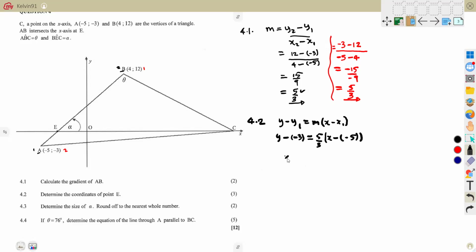So for us to get the x-intercept, we are going to substitute y equal to 0. So putting that 0 there, it means it's going to be 0 minus 3. We are left with 3 being equal to 5 over 3, open bracket, x plus 5.